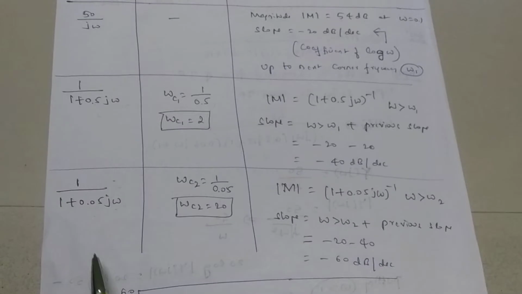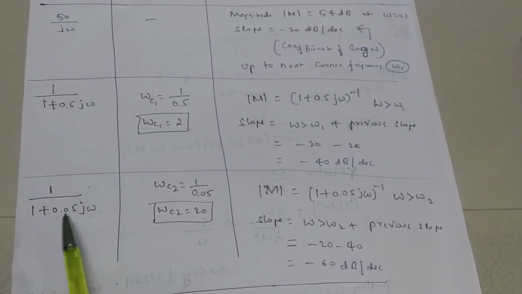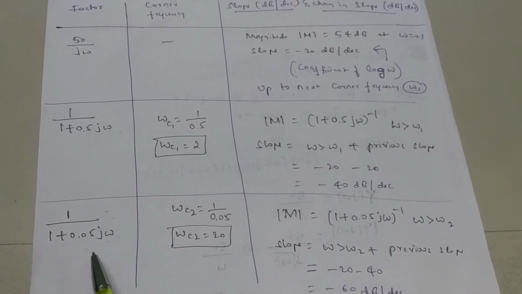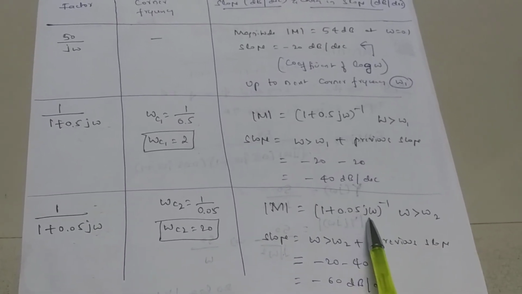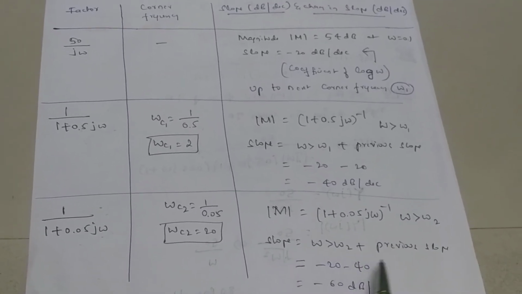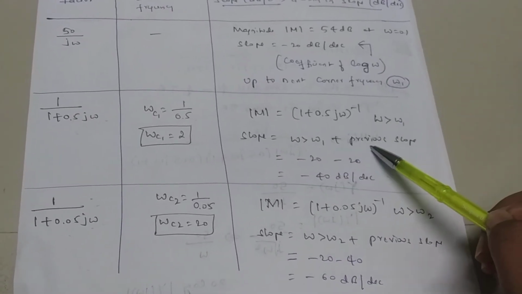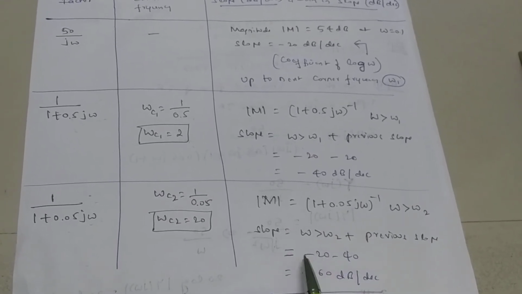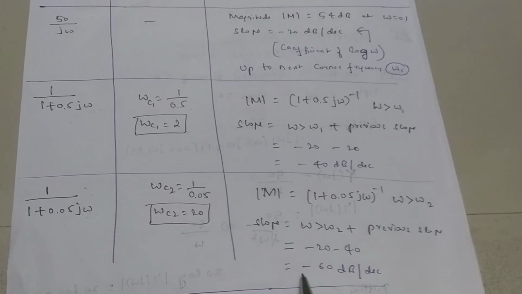Similarly, the next factor, 1 by 1 plus 0.05 j omega whole inverse. So the magnitude is 1 plus 0.05 j omega whole inverse. Then the slope should be the previous value, that is minus 40 plus minus 20. So minus 20 minus 40, how much did we get here?